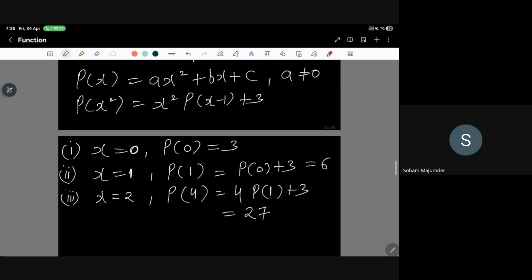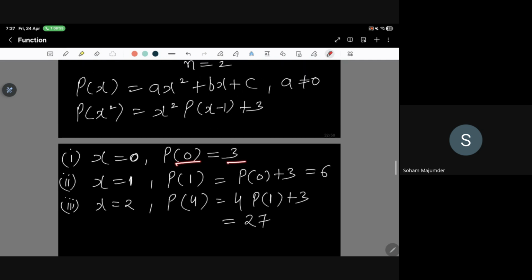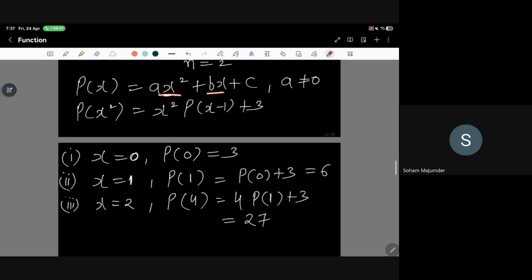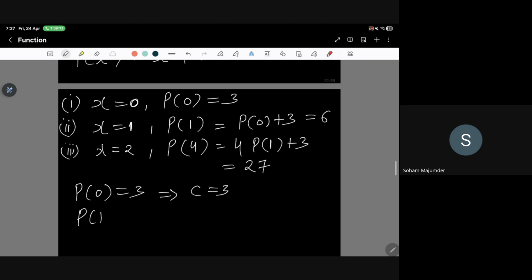So now using the first one, p of 0 is 3, so when you substitute x equal to 0, c comes out to be 3. Next, p of 1 is 6.